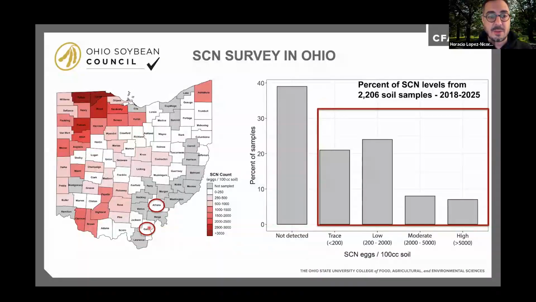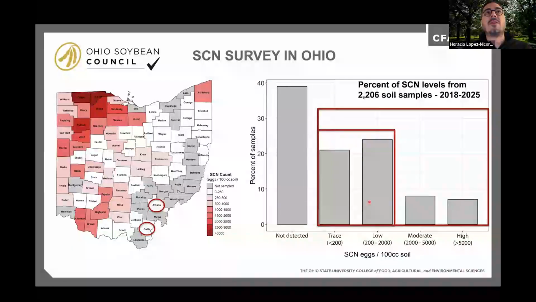We have SCN in Ohio, and it's pretty likely that we have it in the next field that we go and sample. Fortunately, though, most of those that tested positive for SCN have low levels of SCN. And keeping those low levels low is a better strategy than trying to bring very high levels below the damage threshold.